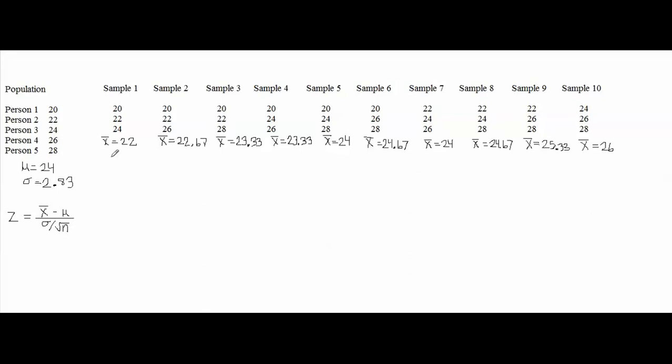Let's try to calculate the z-score of sample 1. We know that the sample mean is 22, so x bar is 22. We know that mu, the population mean, is 24, because I already calculated the population mean and it came out to 24.